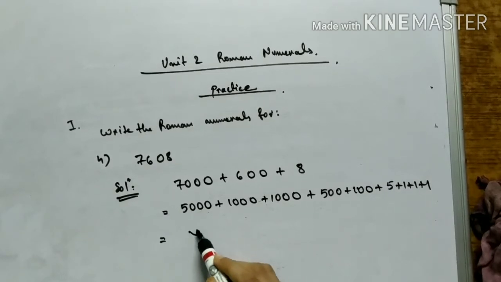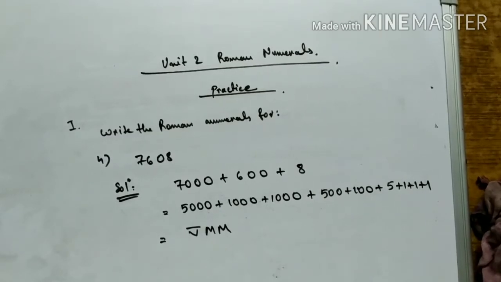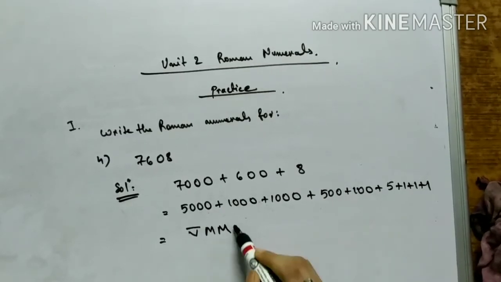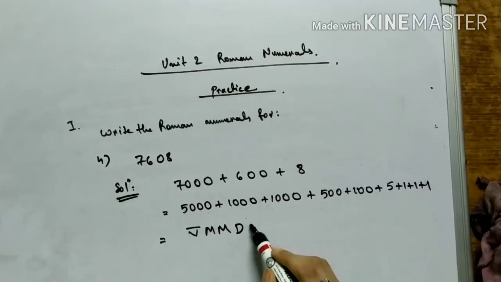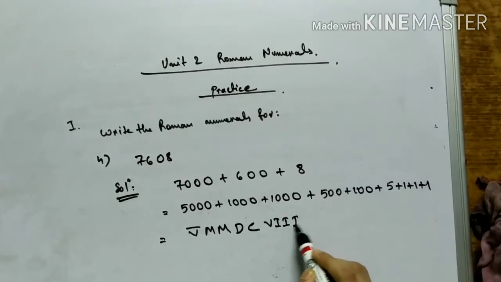So this is your V bar, this will be your MM, then this will be your D, this is your C, this is VIII. Let me check the back answer. V bar MM DC VIII.